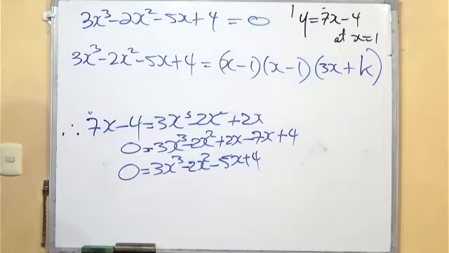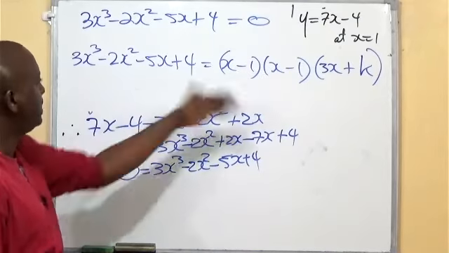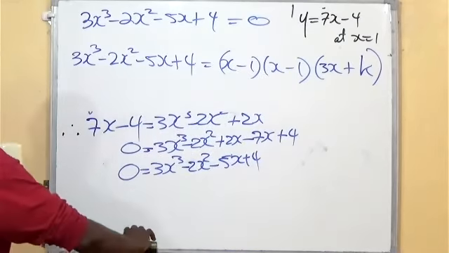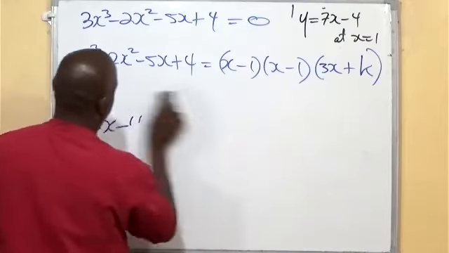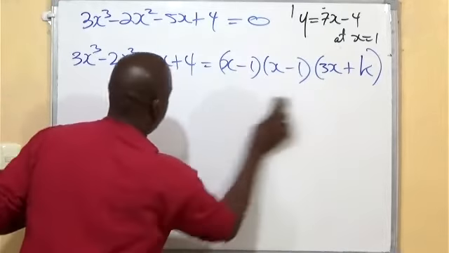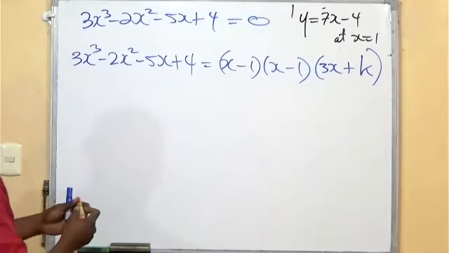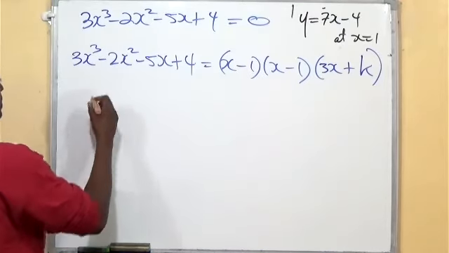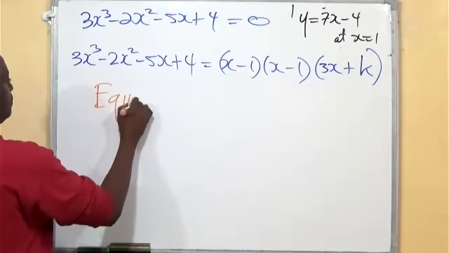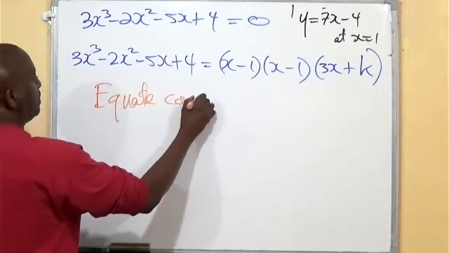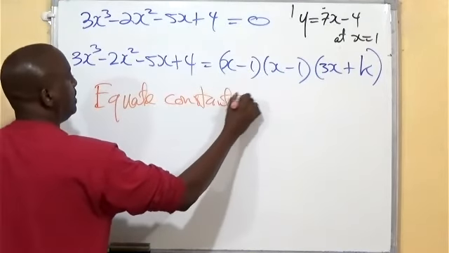All right. So we could find the value of k by simply equating constants.